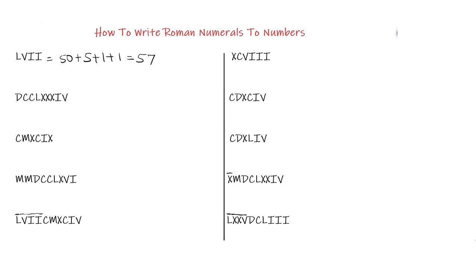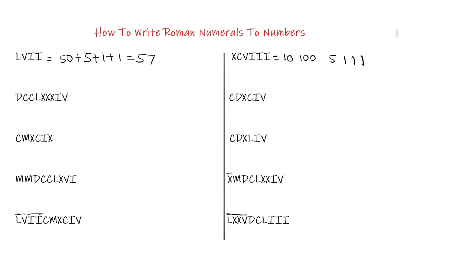Our next number is XCVIII. Now I am putting the values of all symbols. X is 10, C is 100, V is 5, I is 1, 1 and 1. Now what we observe here, that X is prior to C, that is 10 is prior to 100.